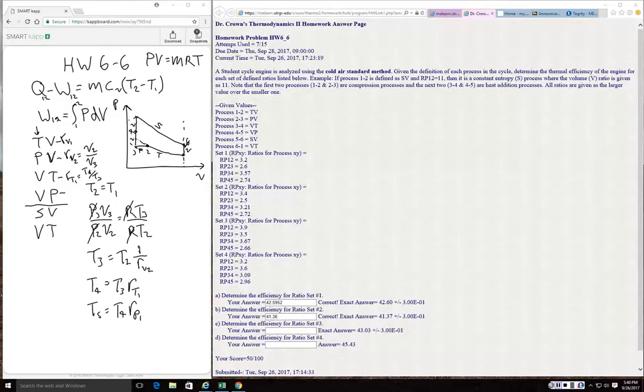R P1 equals P5 over P4, and I'm going to write over here P5 V5 over P4 V4 equals R T5 over R T4. And in this case, R's cancel, the V's cancel because it's a constant volume process.